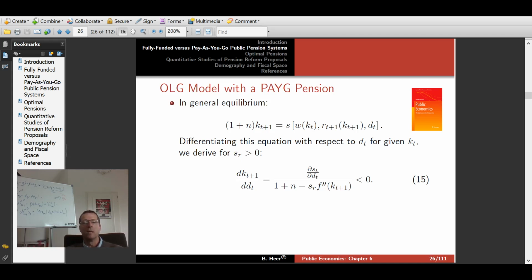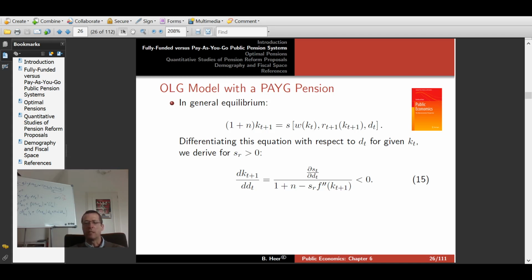So therefore, it's a crucial difference here that our capital market equilibrium is just 1 plus n times K is equal to S and not equal to S plus D. Now if we again differentiate this whole equation, take the total derivative and solve for dKt+1 over dDt, we find that it's equal to the partial derivative of savings with respect to contributions Dt divided by 1 plus n minus SR f'' Kt+1.